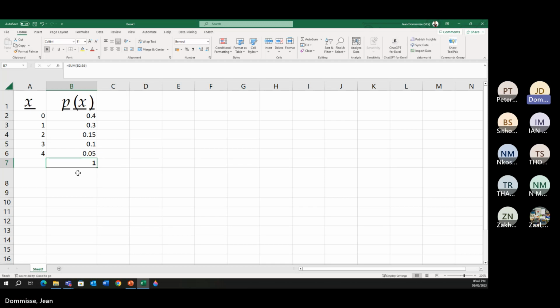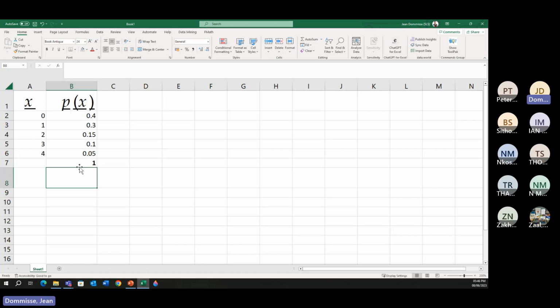In the questions, you might have something like this, where they haven't completed it, and they ask you what that value is. Then you will be able to say, okay, everything else adds to 0.9, so what is left to get to 1 is the 0.1. So that is one of the rules of the discrete probability.